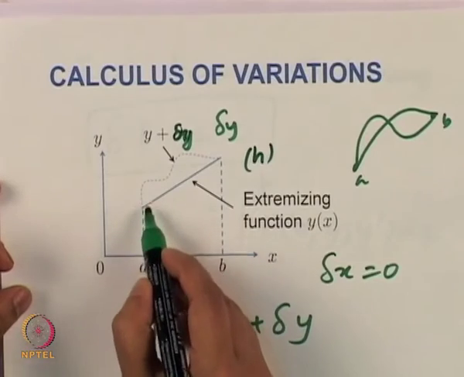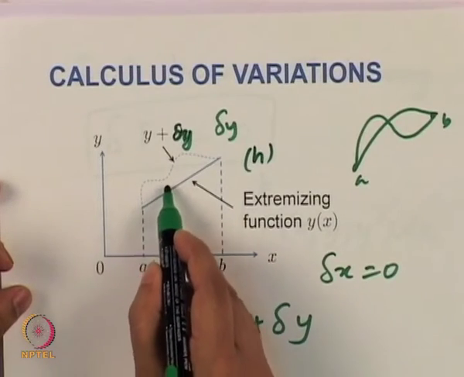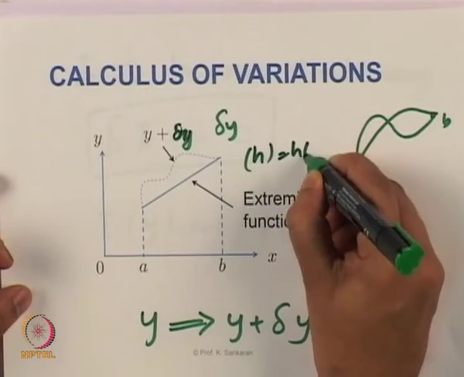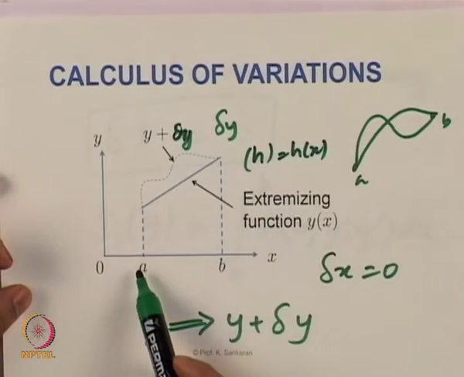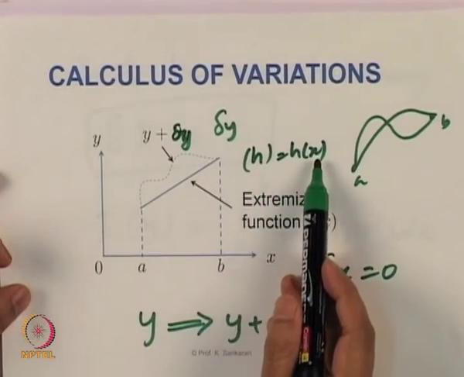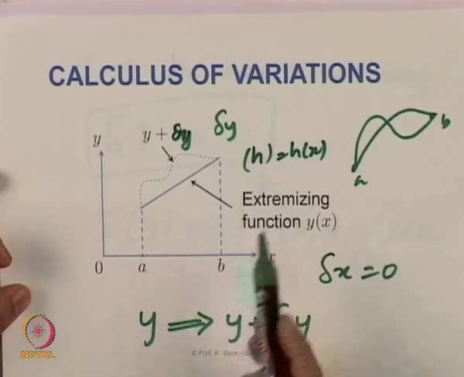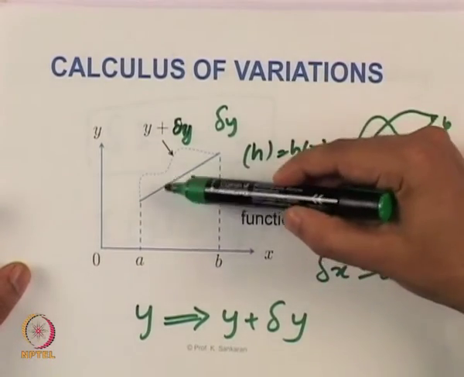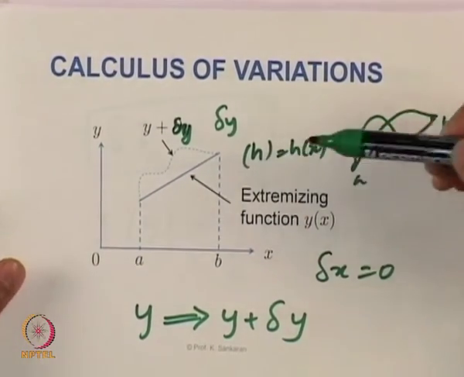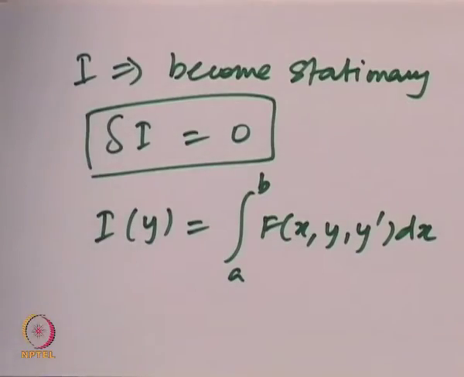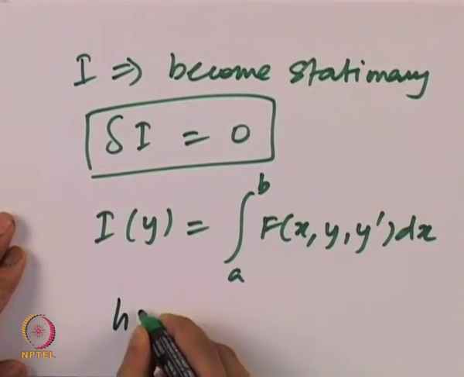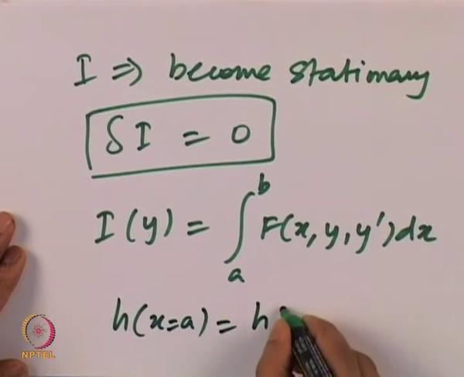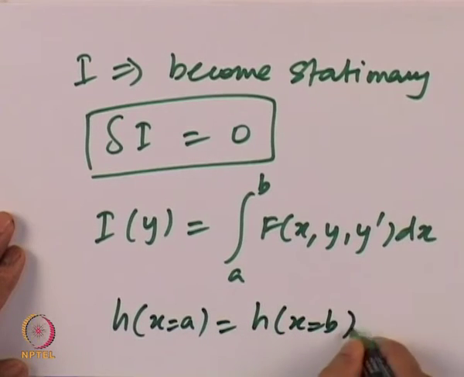Whatever the change at each of these points, it is going to be different values of h, which is going to be a function h of x. At h of a the value is equal to 0, and at h of b the value is also equal to 0. So the variation in y is represented here by h. In other words, h of x equal to a is equal to h of x equal to b is equal to 0.